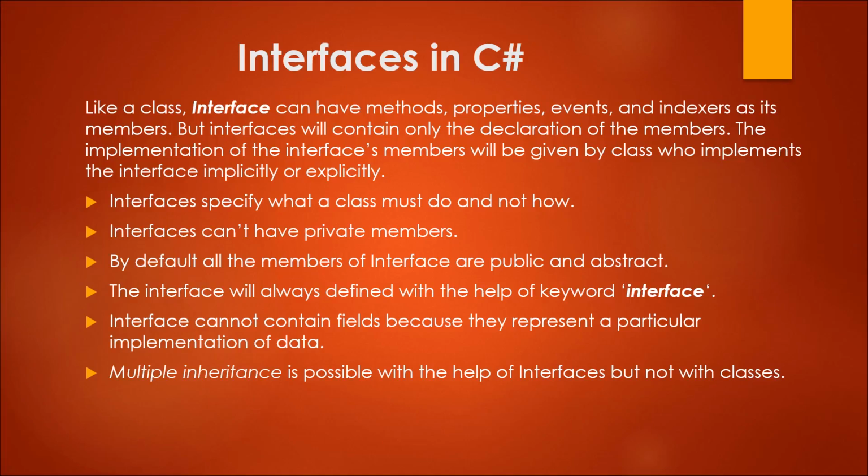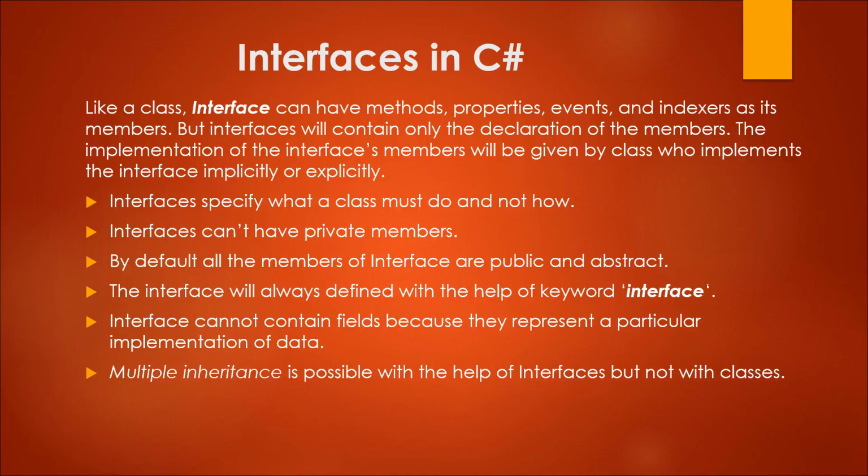So these are some points to remember about interfaces. The very first one is interfaces specify what a class must do and not how. Interfaces can't have private members because these interfaces are to be used by the classes in future, so they will have the public members only.